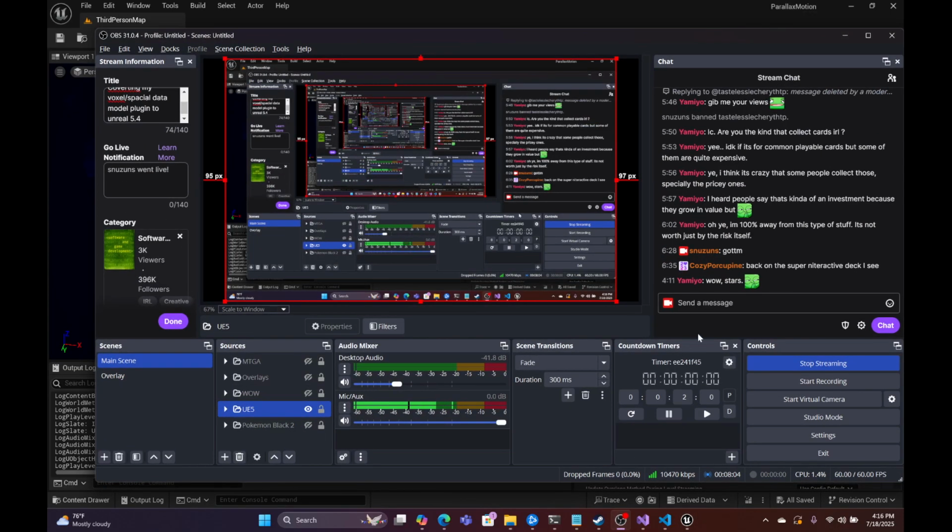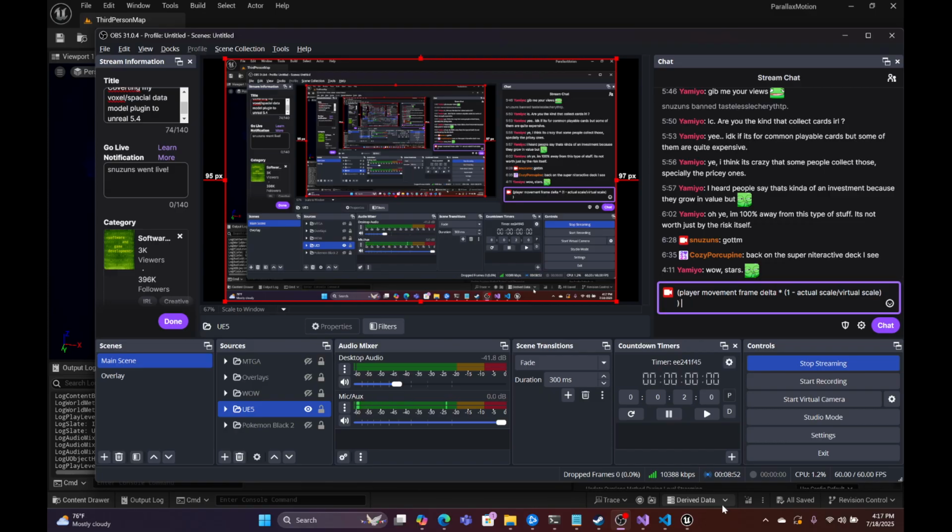And that formula is, I'm trying to remember, it's like player movement frame delta times actual scale over virtual scale, and it's actually 1 minus that, plus current position.